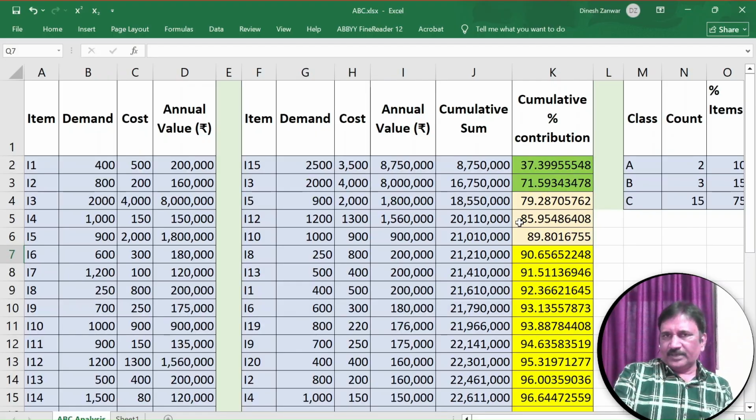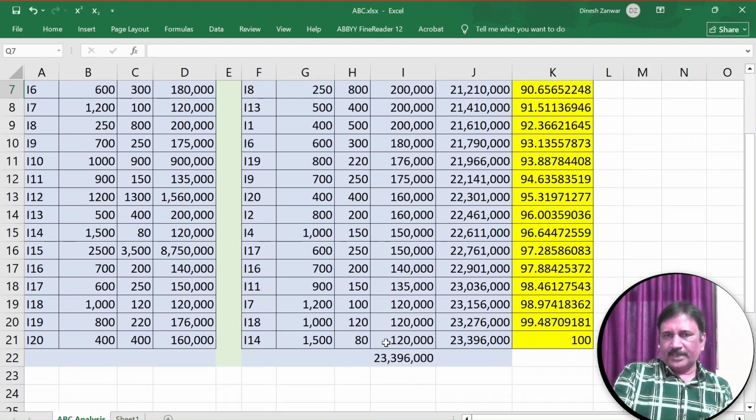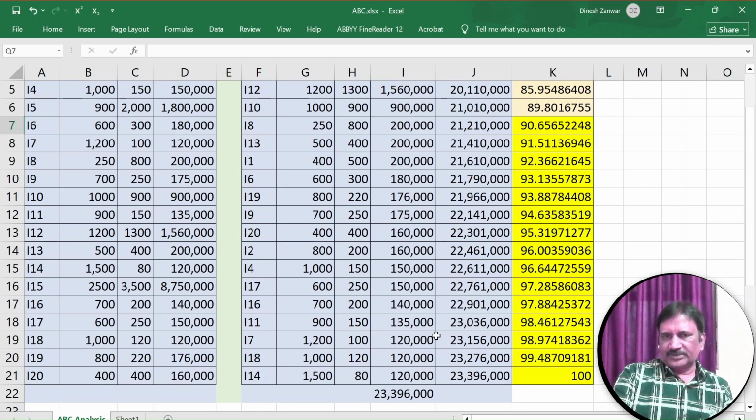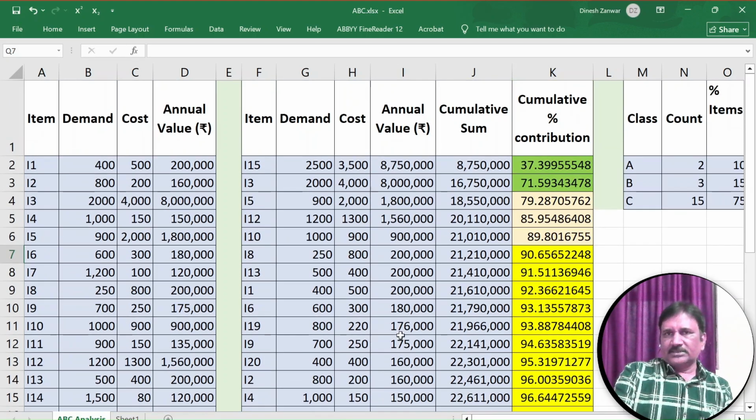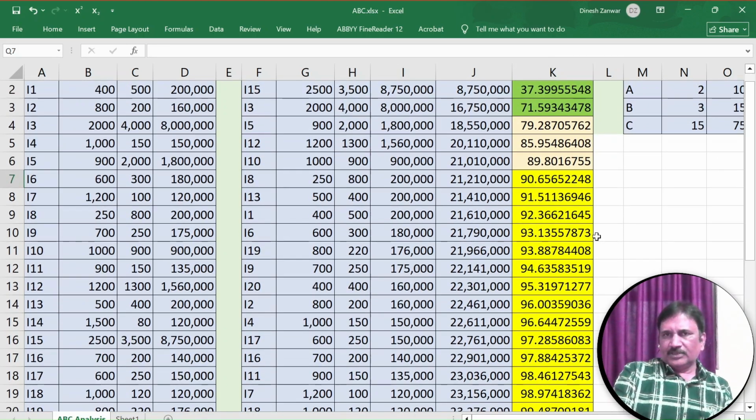So again, every time, the figure here we are dividing by 233 lakh 96,000. What is that? 233 lakh 96,000 is the sum of the consumption values. Okay, so I get the cumulative percentage consumption as I proceed ahead.